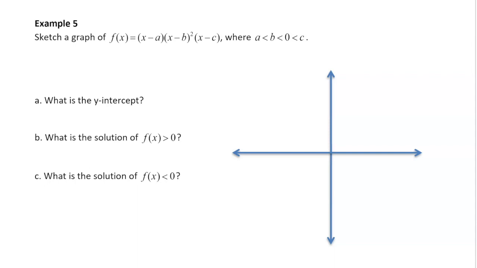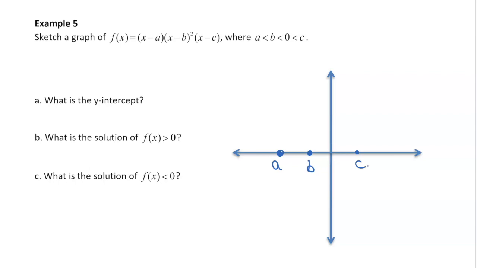So the smallest x-intercept that we have is going to be located at a, and so we could say, okay, well, this is just a sketch. A could be somewhere around here, B could be somewhere around here, and C could be somewhere around there. But we know that C has to be a positive value and A and B are negative values. And we also know that B has a bounce because it's occurring twice right there.